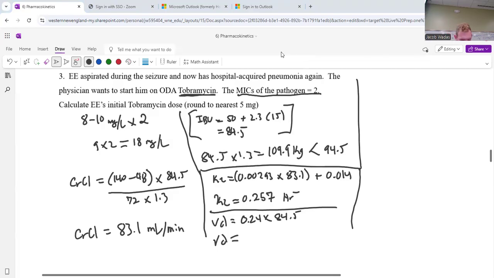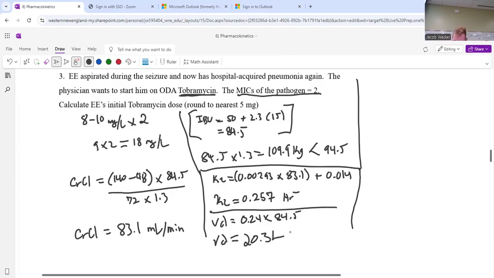All right, what did we get for the VD? 20.3. The unit on that is liters.